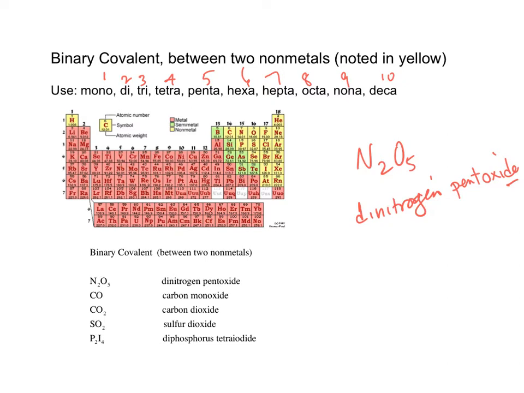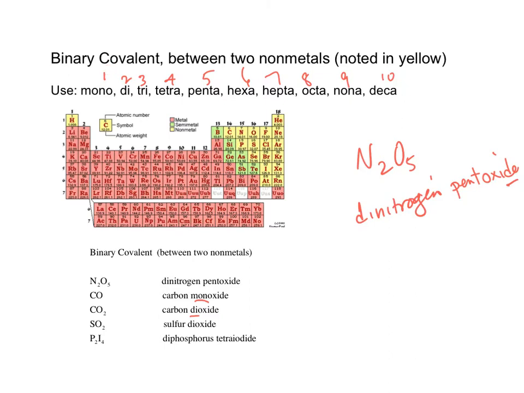So you have a difference here between carbon monoxide and carbon dioxide. So monoxide means that there's one oxygen. Dioxide means that there's two oxygens. Now, notice that mono on the top here means 1.